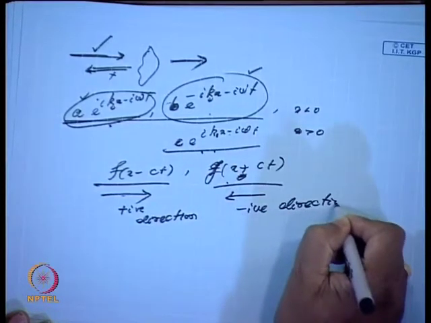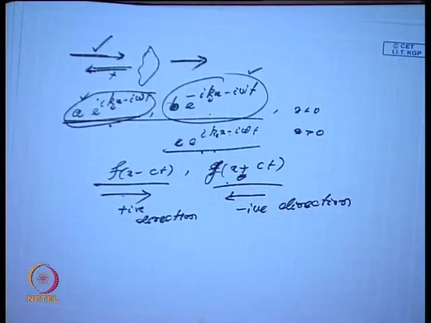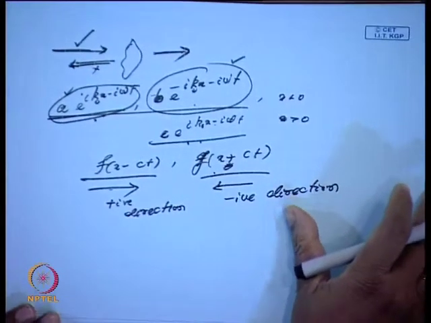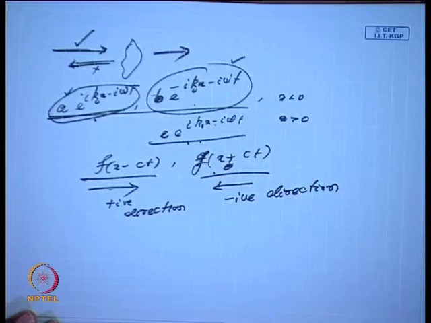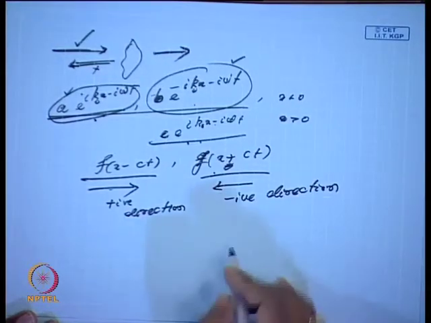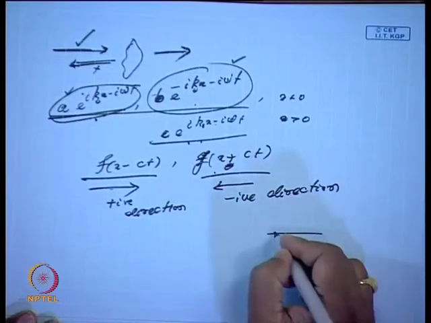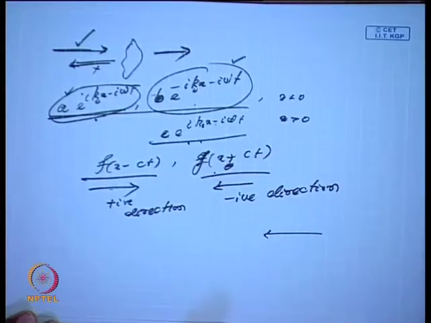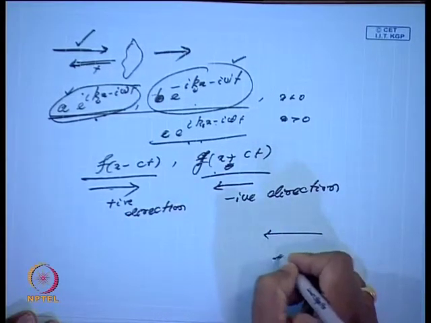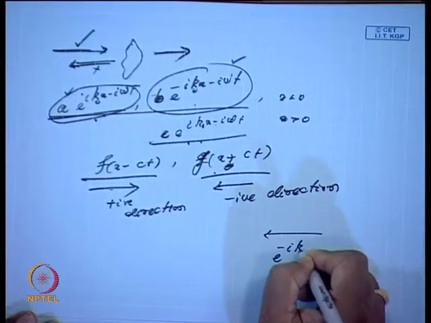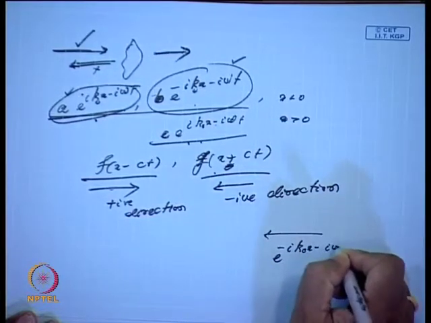So there are two things here: whether the wave is incoming or outgoing is one aspect, and whether the wave is propagating in the positive or negative direction is another. When one deals with a physical problem, one has to take these two aspects into account. Suppose I have a wave approaching from this side, then my progressive wave will be e to the minus i k naught x minus i omega t.